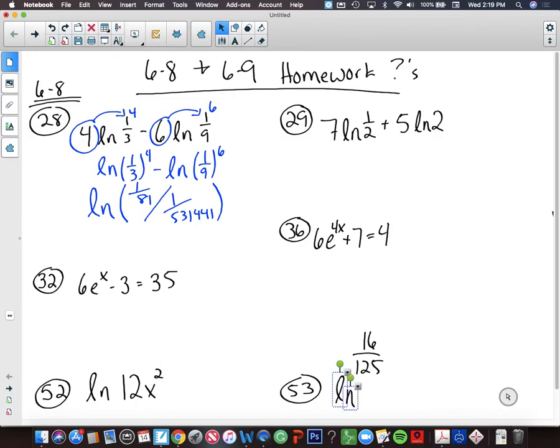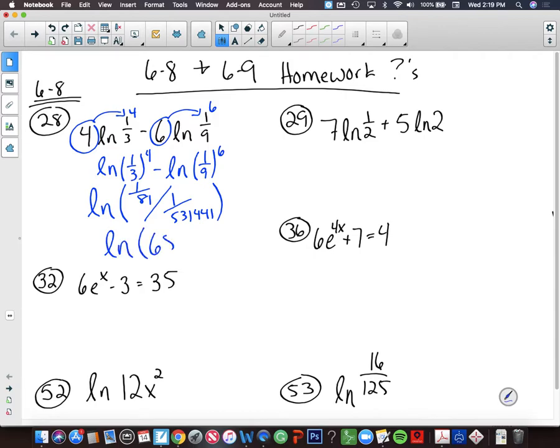So we'll have the natural log of 6,561. And that is how you're going to rewrite that logarithm. And then if you wanted to, you could plug it into your calculator to see if you get the same answer here as we did here. You can check those from beginning to end.